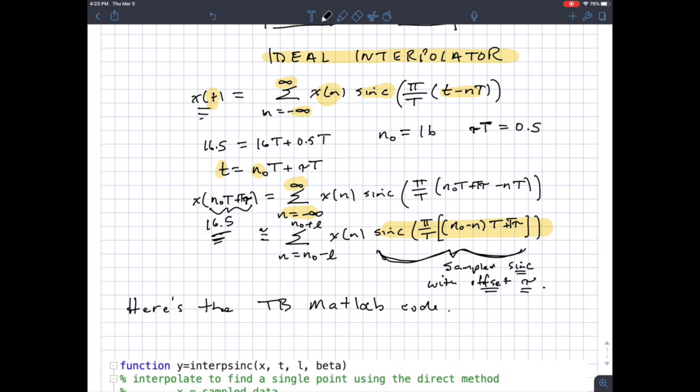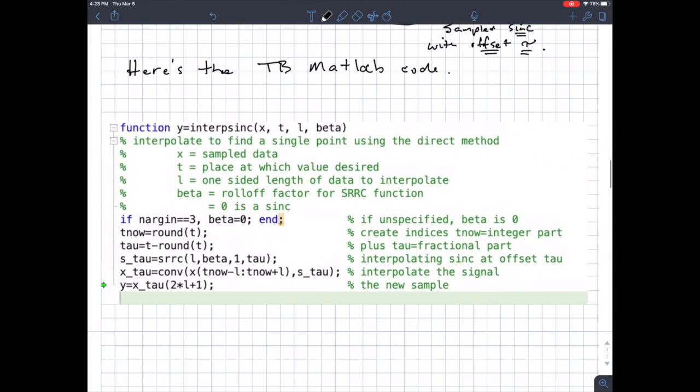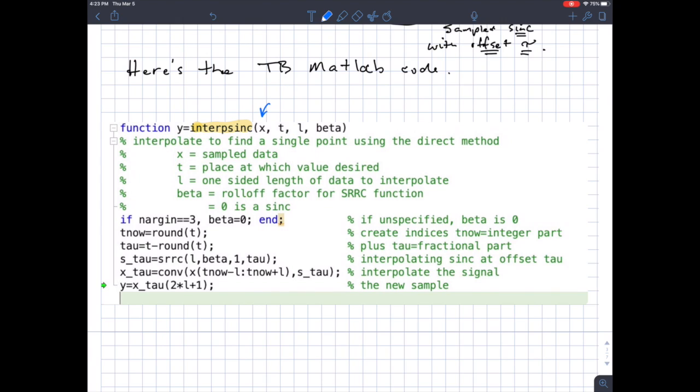All right, so let's relate that back to this example we've been working on. So first of all, the TB MATLAB code has a function called interp_sync. What you do with interp_sync is you put in x. These are the samples that you use. Okay, you put in the value that you want to interpolate. So for example, we said we wanted to find t equals 16.5.